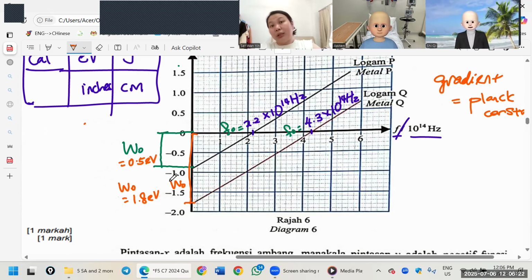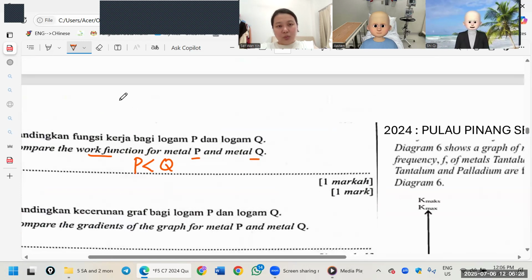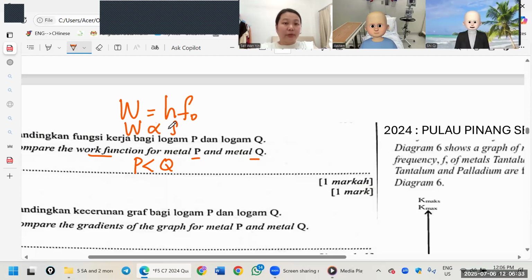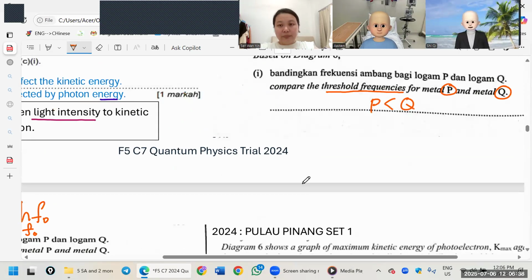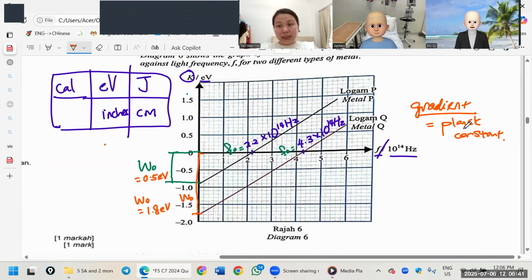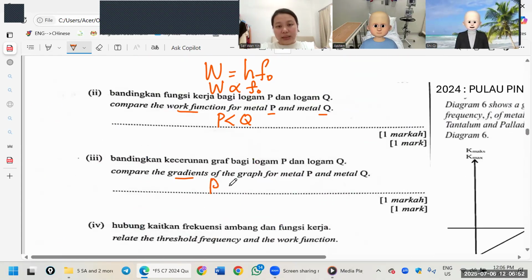Of course, P is smaller than Q. So work function equals hf naught. So we can also say work function is directly proportional to the threshold frequency. Compare the gradient. The gradient is the same because the gradient is the Planck constant. No matter how many lines you draw, all have the same gradient, like pi always the same.